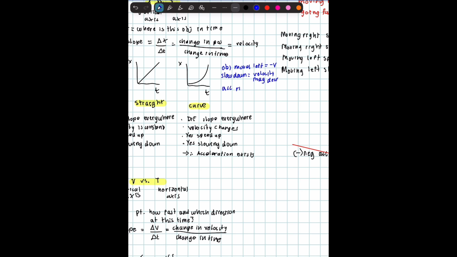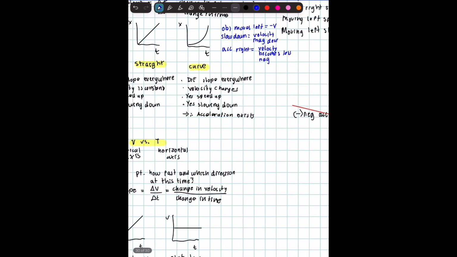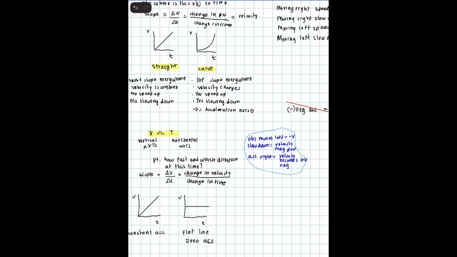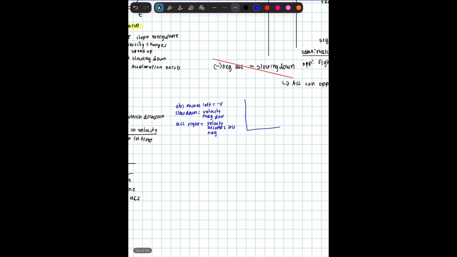And if the acceleration is to the right, that means velocity becomes less negative. So this would be an example of something like this. This is a downward flattening concave up curve.